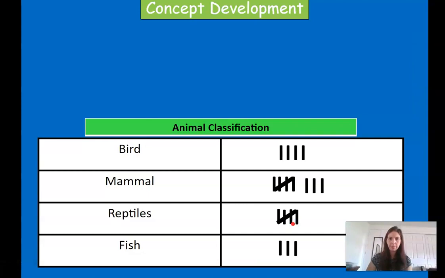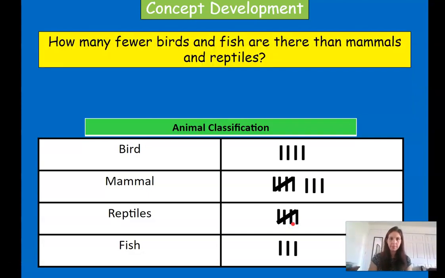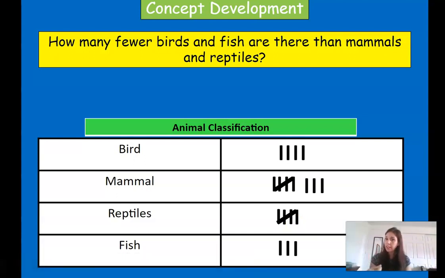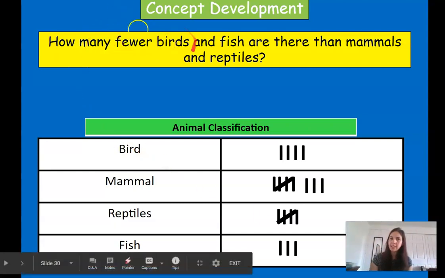Okay. How many fewer birds and fish are there than mammals and reptiles? So now the question is a little bit switched. How many less?